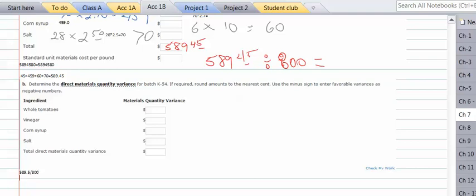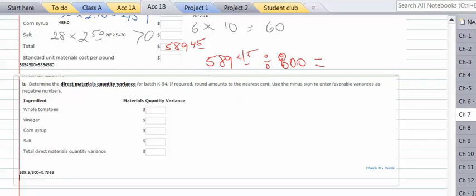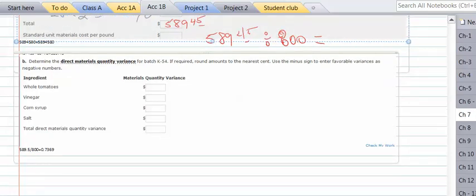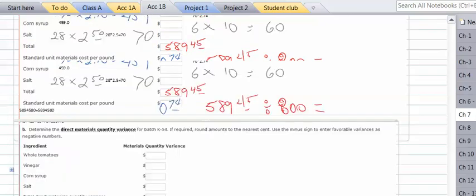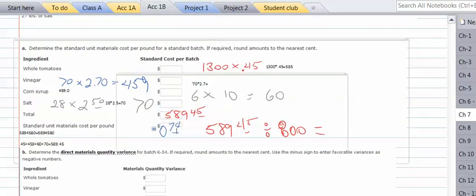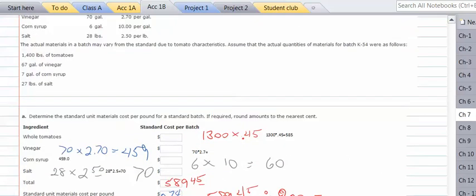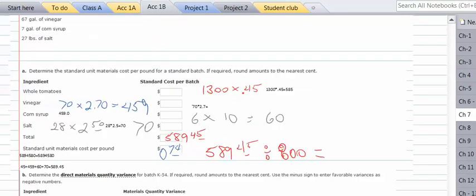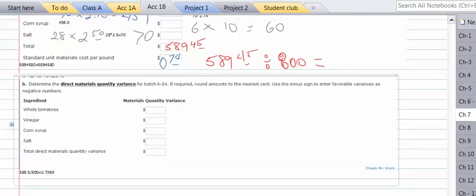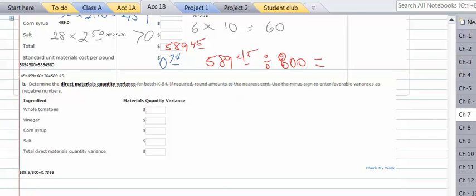Divided by 800. It looks like 0.73 or 0.74, actually, rounded. Yes, I'm going to take the total cost and I'm going to divide that by the standard quantity of 800 pounds up here. So I then end up with a final number of 74 cents per pound.